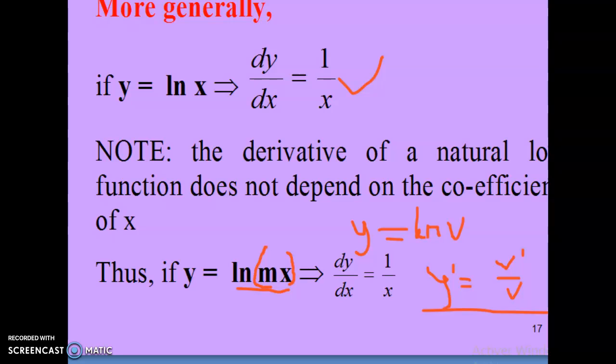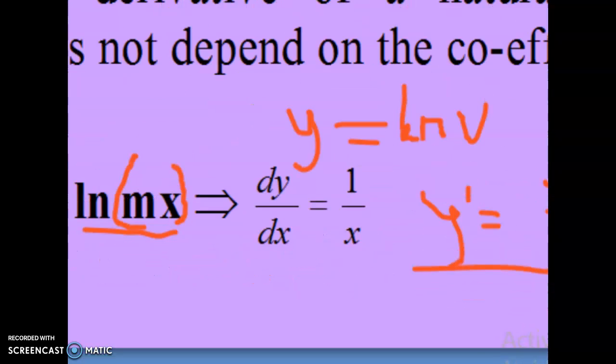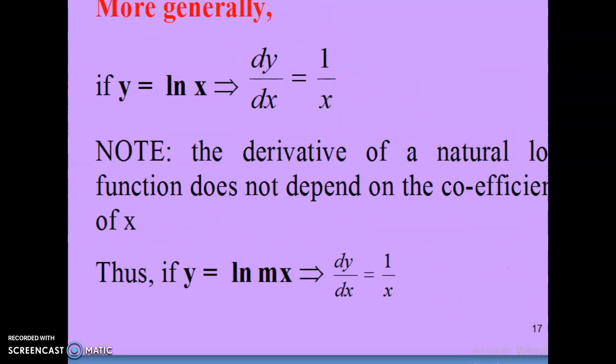As you see here, what is our v prime? Our v prime is equal to m. Alright, bringing this to differentiation, our v prime is m and our v is mx.